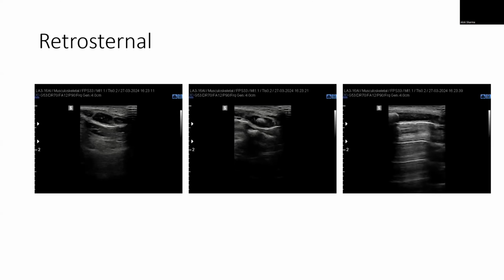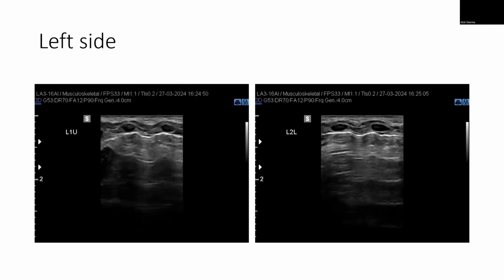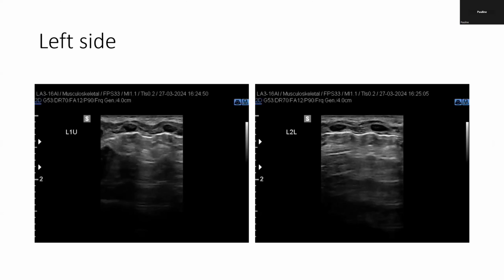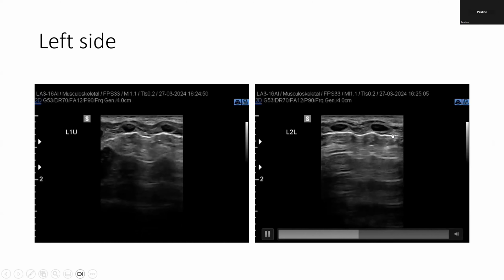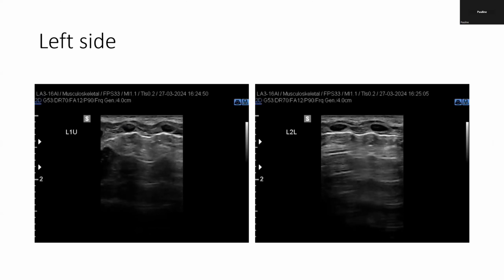Please carry on. Any other images? Then I looked on the left side, and there for me I had a batwing sign. I saw the pleura here. It isn't the best picture over here, and on the lower part it's better, I think, with a small pleural line. I see the A lines, but for me it's an A-profile because I don't see any B lines or comet tails.